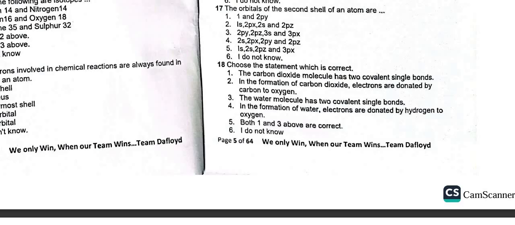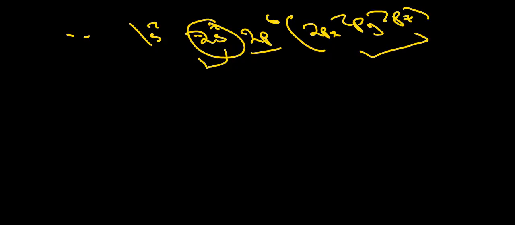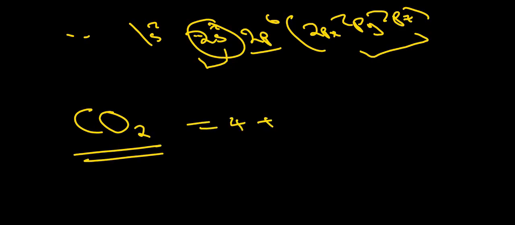In a carbon dioxide molecule, guys, look at a carbon dioxide molecule here. Let me show you. Carbon dioxide, you've done Lewis structures from chem. Carbon has 4 electrons in the outermost shell. Each oxygen has 6. This is going to give us 4 plus 12.